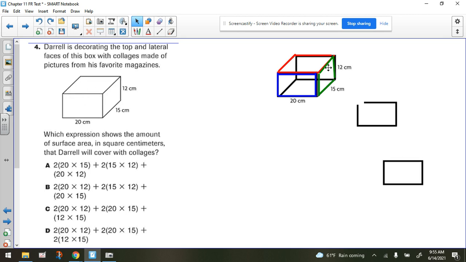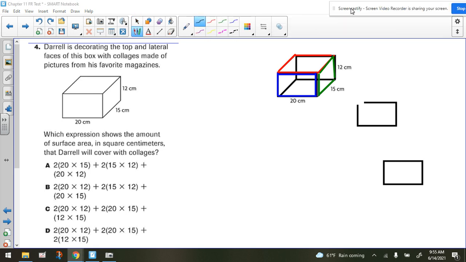There's the right side and the left side, which I have in green. So if I draw over here, green again, this would be the left side. That would be equal and congruent to the right side that I drew that was green. So the thing we really have to focus on here is the idea that we're not going to be decorating the bottom of it, and you need to know what the word lateral means.